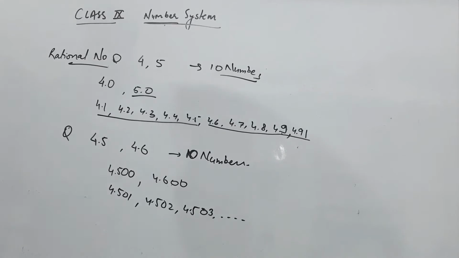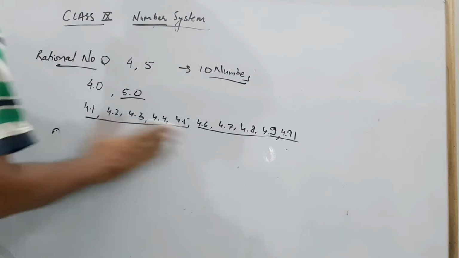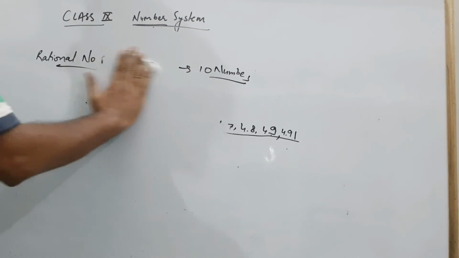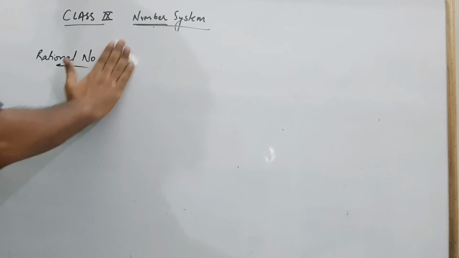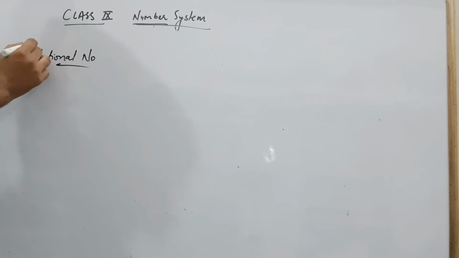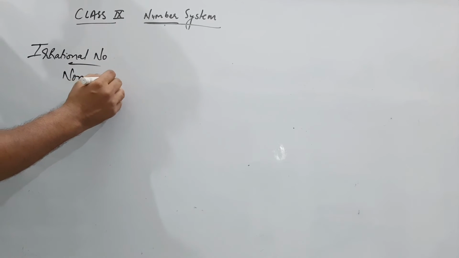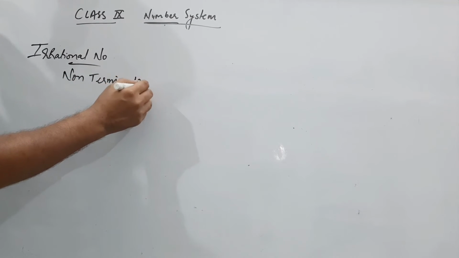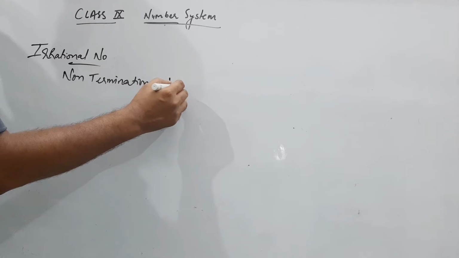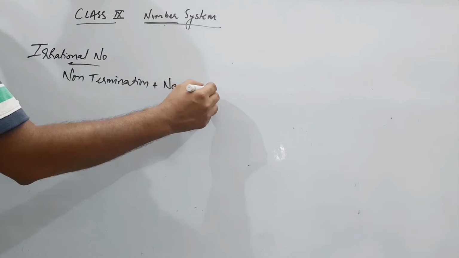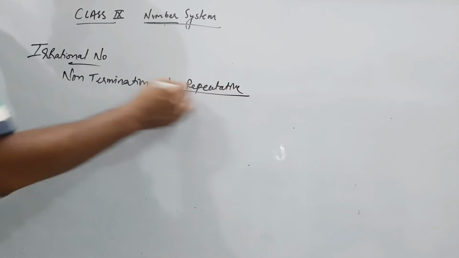Now let's move on to irrationals. So what are irrationals? All the numbers that give a non-terminating as well as non-repetitive decimal. What does it mean?